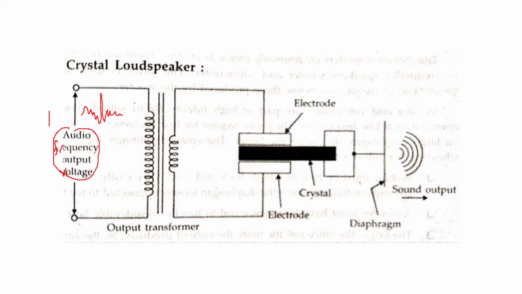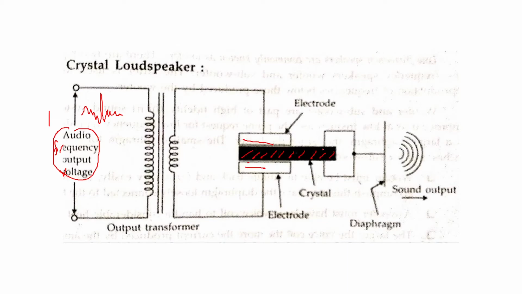Now that voltage is stepped down by an output transformer and given to a crystal via electrodes. This is your electrodes and this is the crystal.